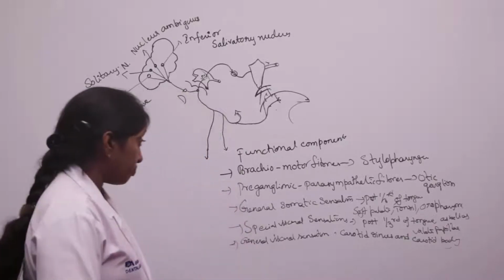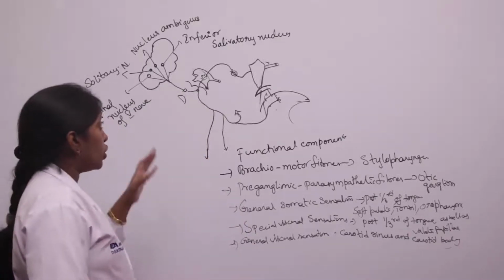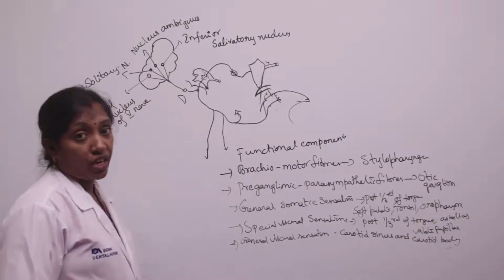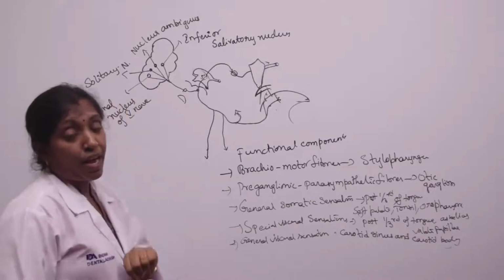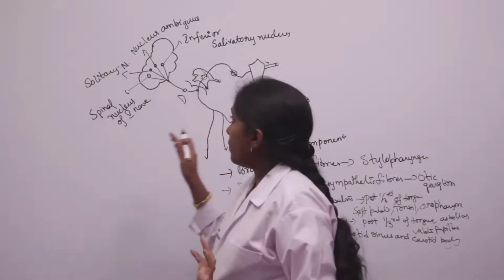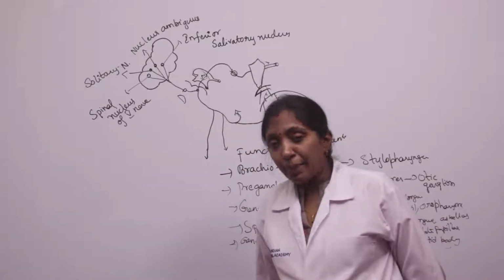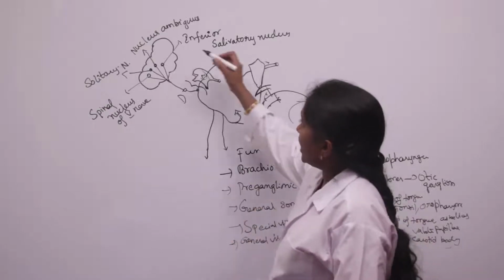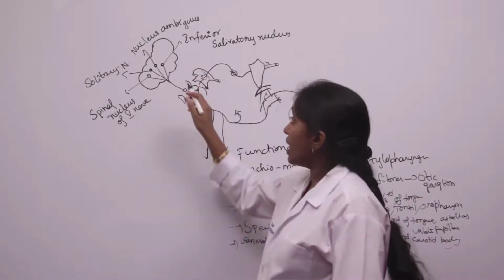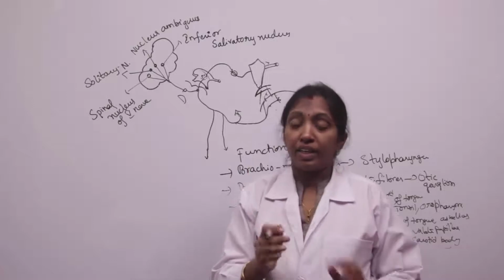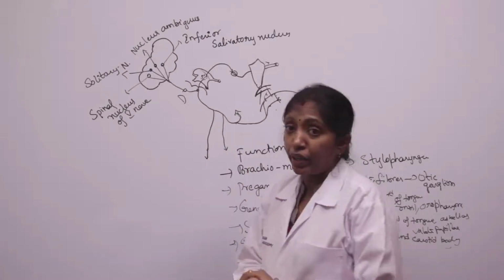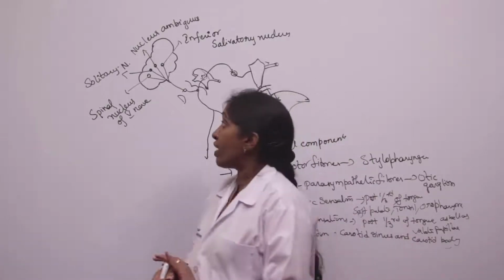Okay, and coming to the nuclei, how does the glossopharyngeal nerve arise? The fibers of the glossopharyngeal nerve arise from four nuclei situated in the medulla oblongata. The inferior salivatory nucleus gives preganglionic parasympathetic fibers, and the nucleus ambiguus gives branchiomotor fibers.